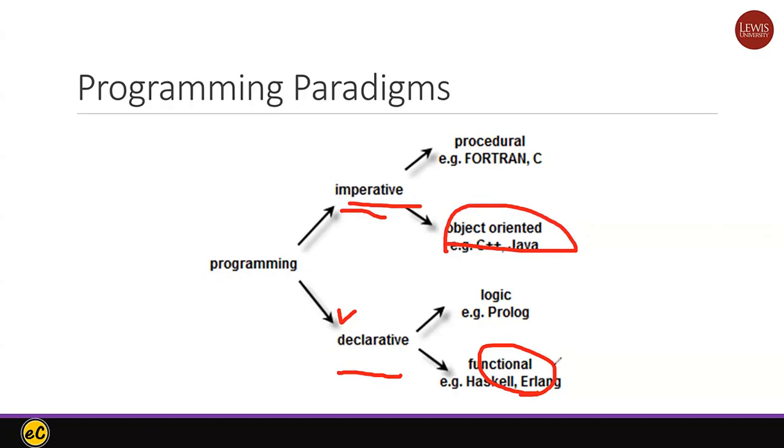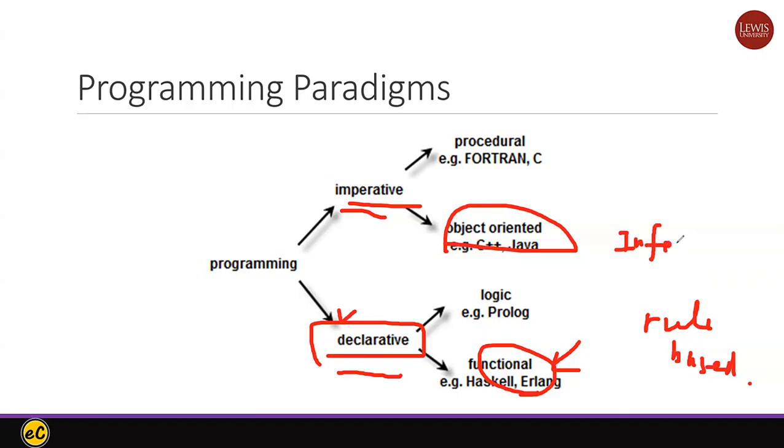Functional programming is more declarative, so it usually is rule-based, and it is inferential-based. It's different from imperative programming, where you go from step 1, step 2, step 3, like structural programming or procedural programming.